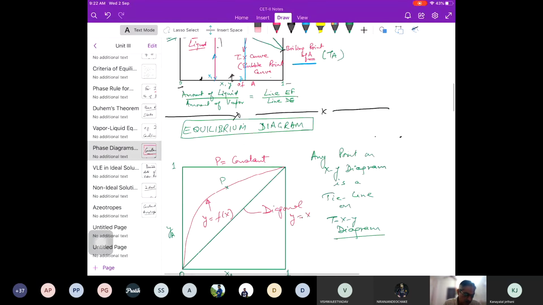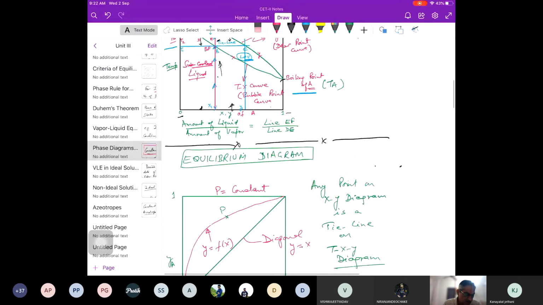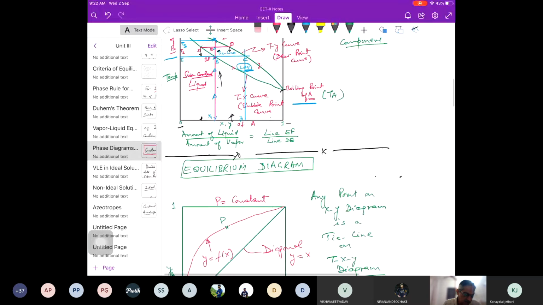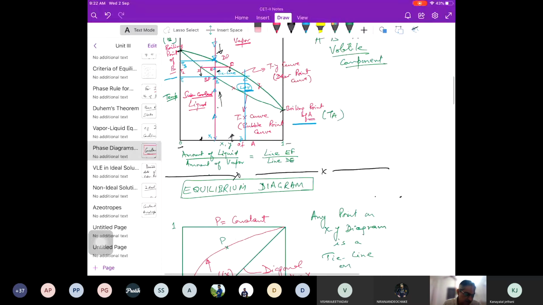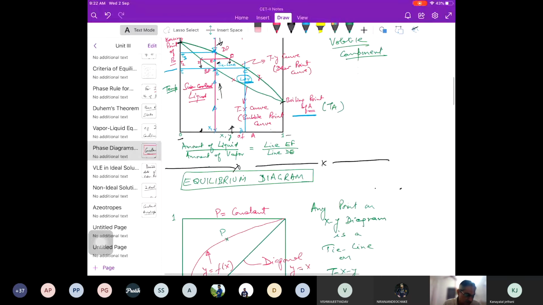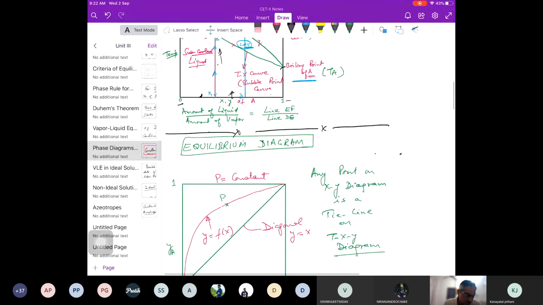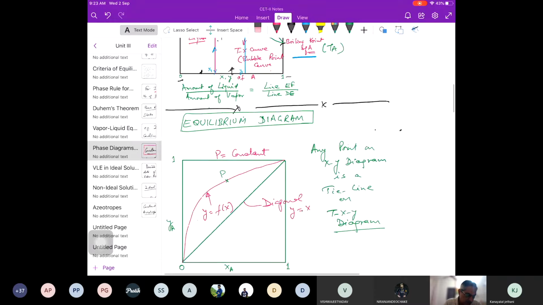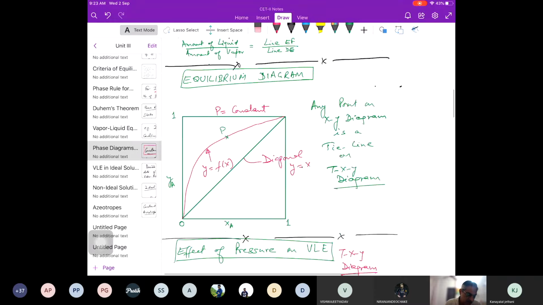Okay, so that is a TXY diagram or boiling point diagram, and if you take any point here, जैसे ये हमने लिया, ये पॉइंट लिया E, तो liquid D है, vapor F है. If you plot this on an X and Y diagram, liquid and vapor, we'll get this curve.